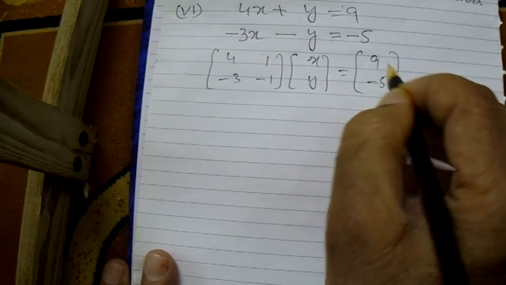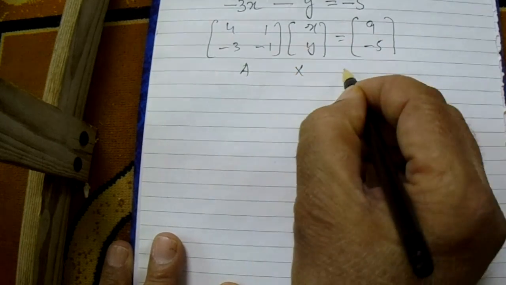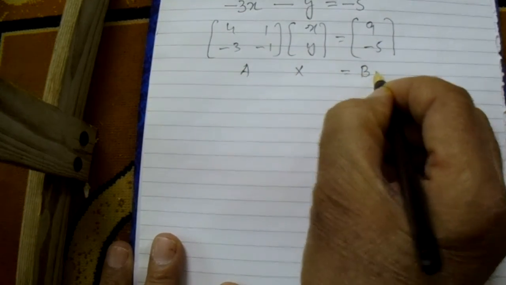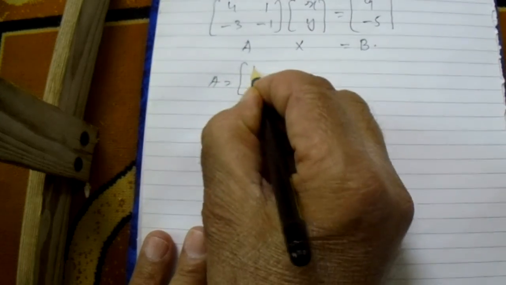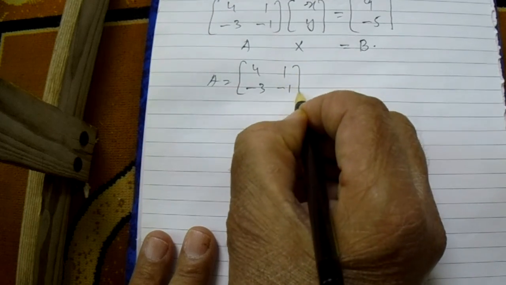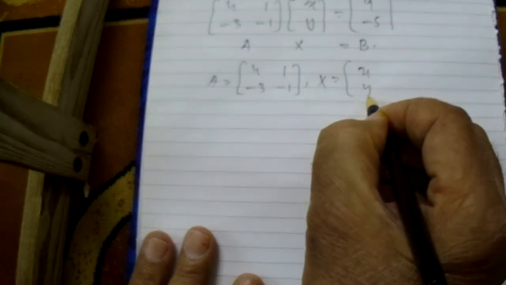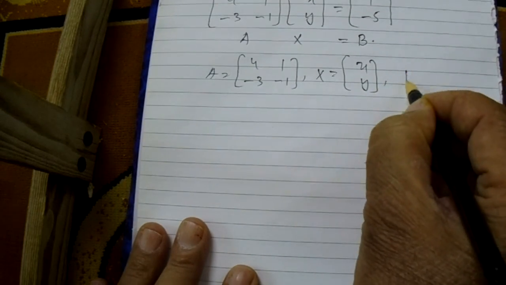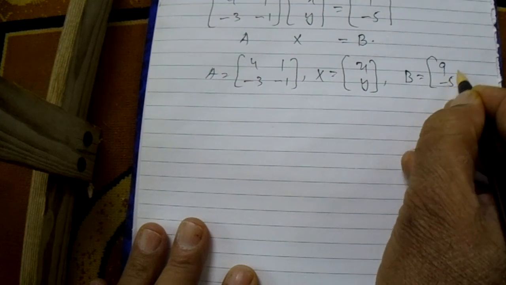Again, this is our A, this is our X, this is our B. Now the A matrix is equal to 4, 1, minus 3, minus 1, and here X is equal to x, y, and B is equal to 9, minus 5.